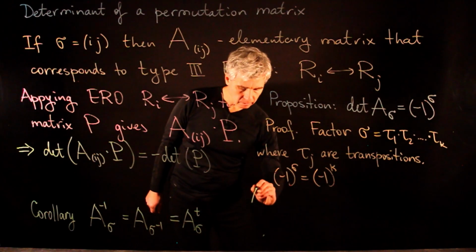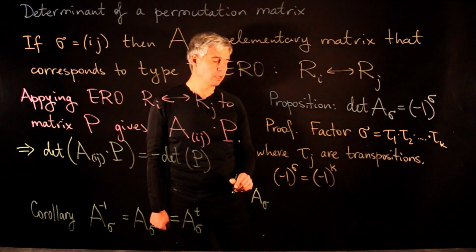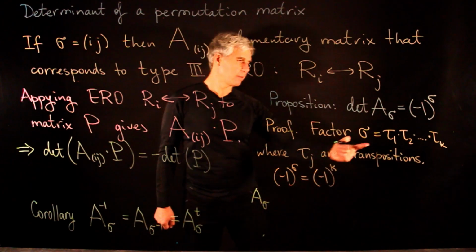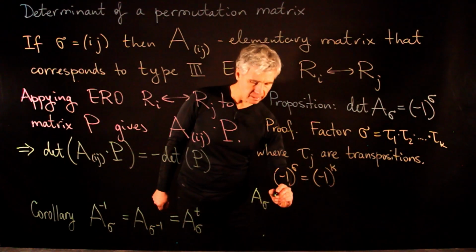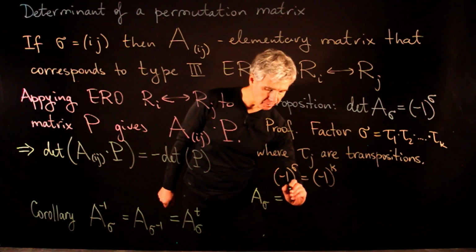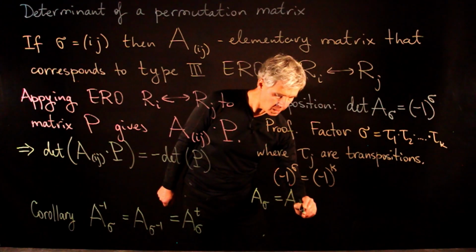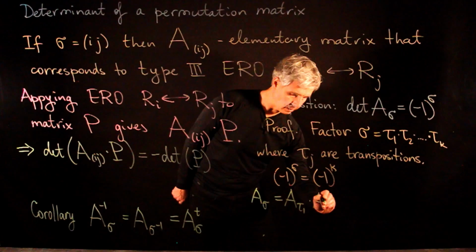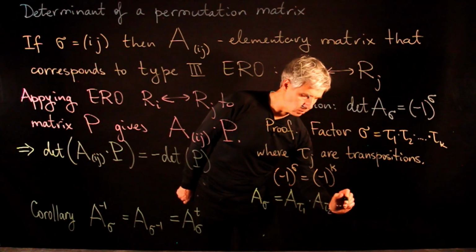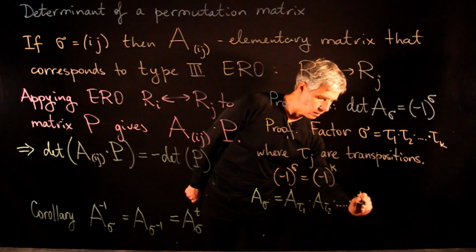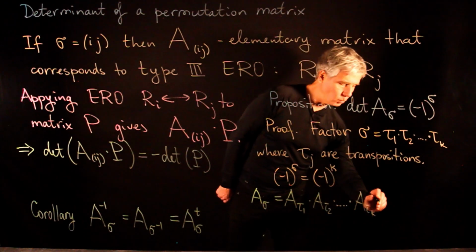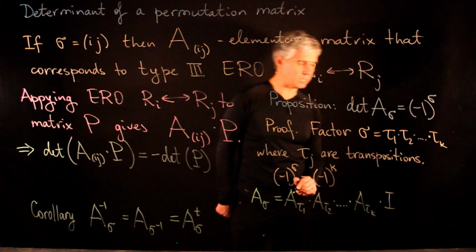On the other hand, if we take the permutation matrix A sigma, then this decomposition tells us that A sigma can also be factored as A tau 1 times A tau 2 times ... A tau k, and for good measure we can put the identity matrix at the end.